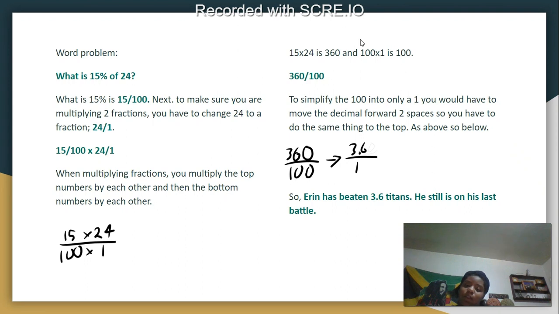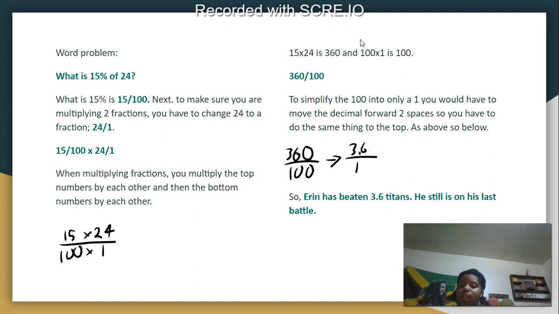When multiplying fractions, you multiply the top numbers by each other and then the bottom numbers by each other. Top numbers are called numerators and bottom numbers are called denominators. So you will multiply the two numerators by each other, and then you will multiply the two denominators by each other. Keep the same fraction format.